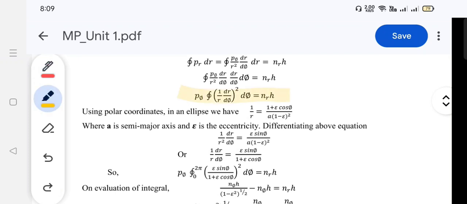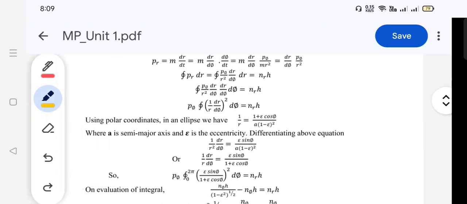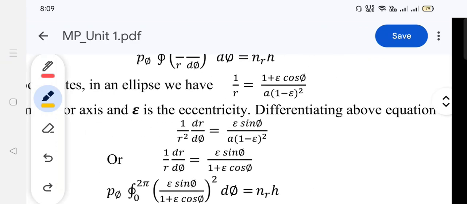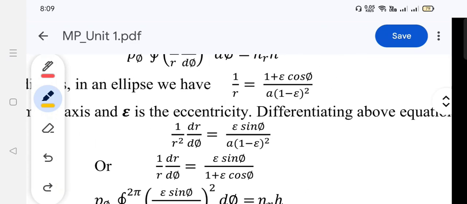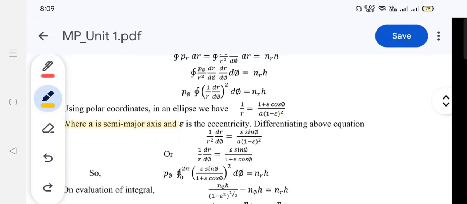From the formula of an ellipse, we can write 1 by r as 1 plus epsilon cos phi by a times 1 minus epsilon square. Now, on differentiation of this, we get this equation. We get a minus sign on both sides.